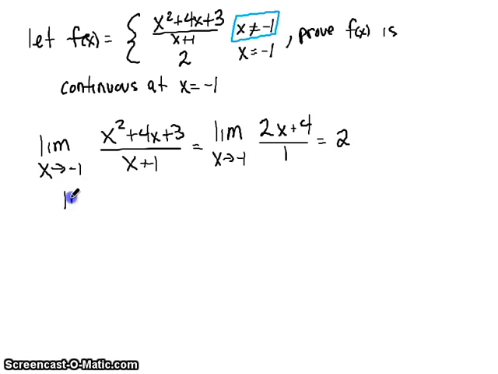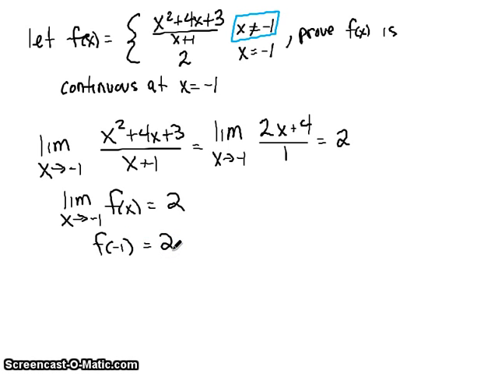So we know the limit as x approaches negative 1 of f of x is equal to 2. By the limit definition, that limit has to be the same thing as f of negative 1. So if we look at how our function is defined, when x is negative 1, our function is 2.